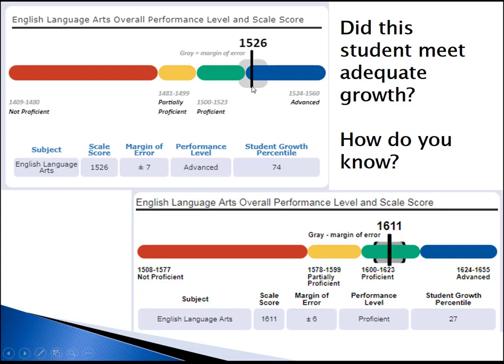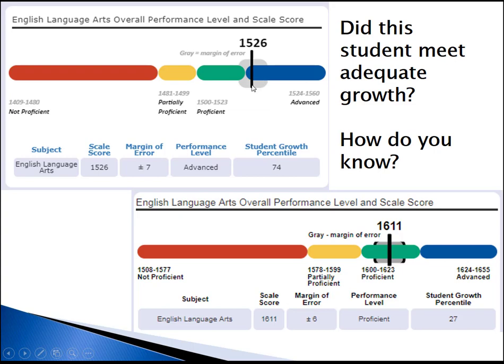We decided that if a student was proficient, or at least close enough to proficient, provided they didn't drop significantly, they were on track to maintain proficiency, and we counted them as meeting adequate growth. If the student was not even close to proficient, or in that not proficient category, we would say that the student would have had to likely improve in order to close the gap towards proficiency.